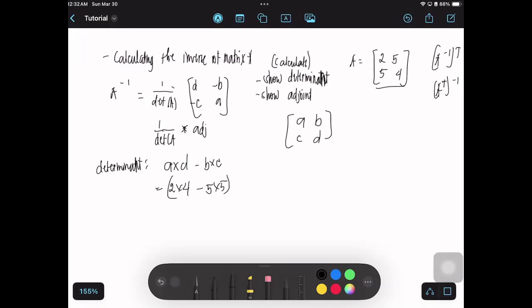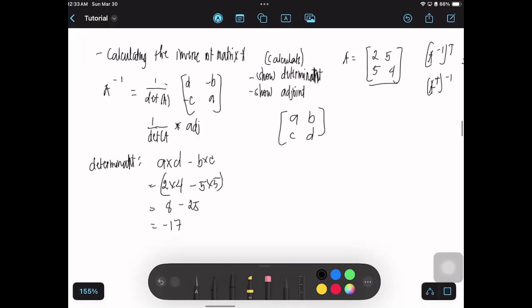For 3 by 3 and 4 by 4, I will show you how in a different video later on. So you have to calculate 8 minus 25. It will become negative. No, it's not 27, it's 17. That's the determinant of your 2 by 2 matrix.